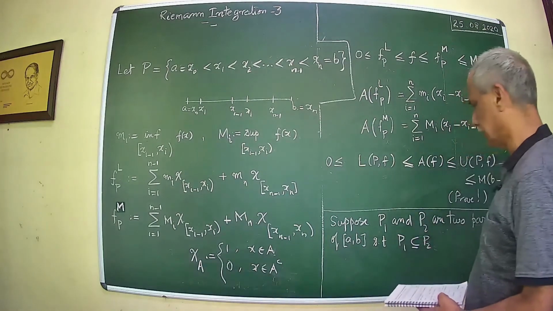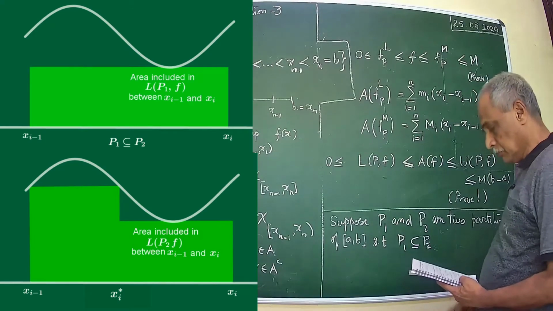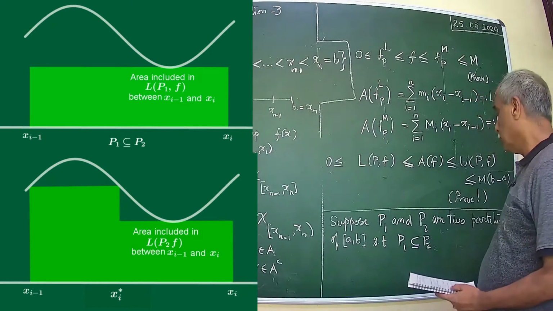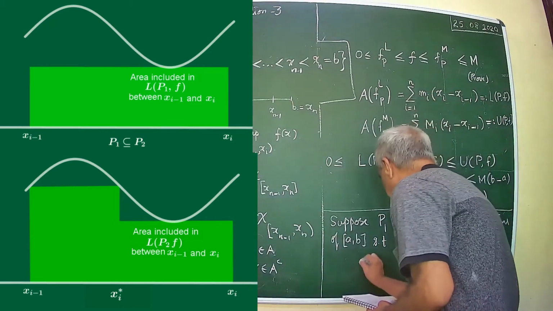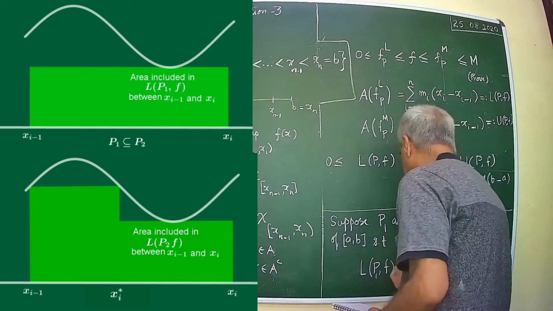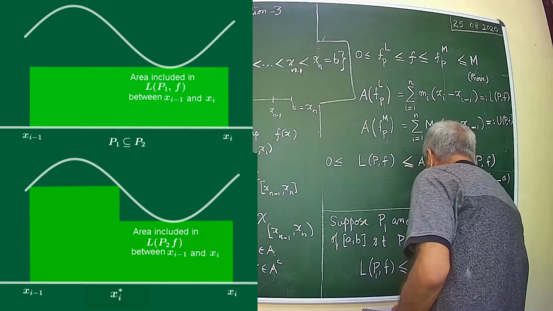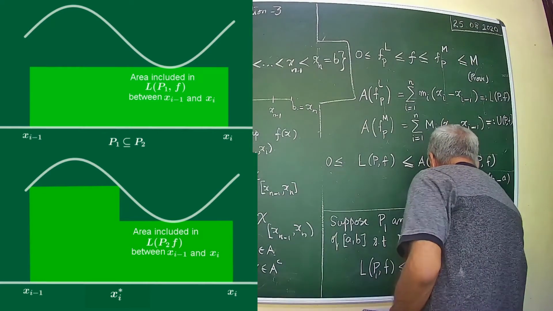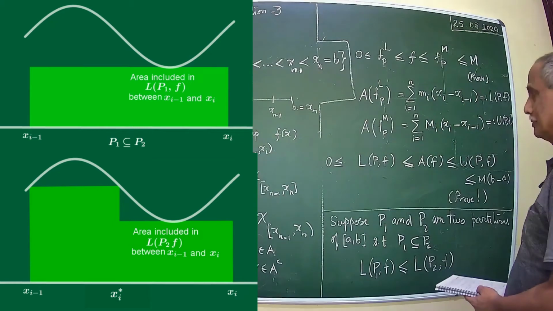This is the assumption. So we are talking about points on the interval [a,b]. Then you make the following observation. You see that L(P1,F) is less than or equal to L(P2,F). This I have already said, that you have to prove this.